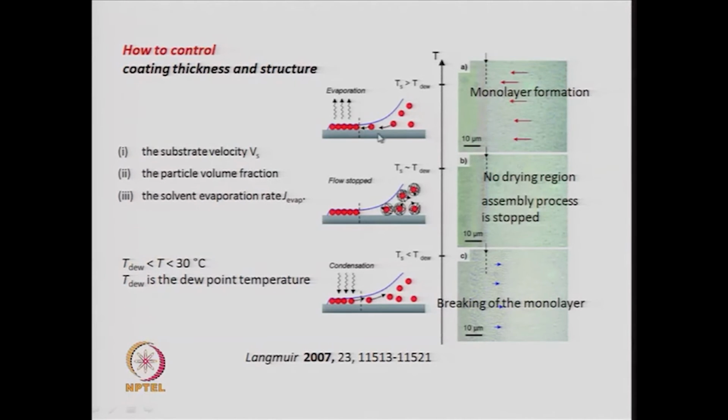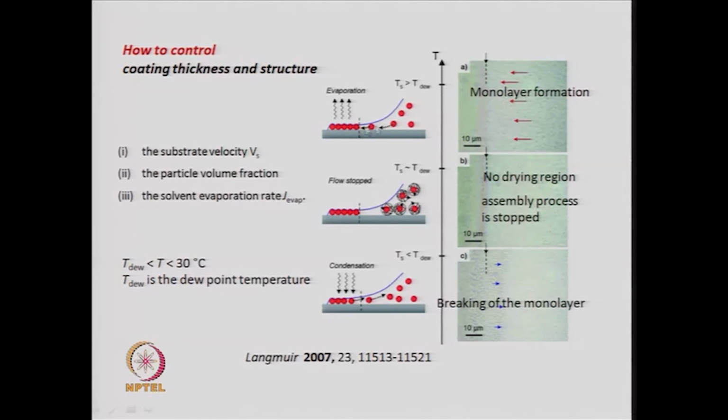So, the temperature of the substrate, whenever it is high, you will have the evaporation and you will have the monolayer formation. Suppose the substrate temperature is lower than the dew point, then you will have the reverse: you will have condensation of the solvent and not evaporation.